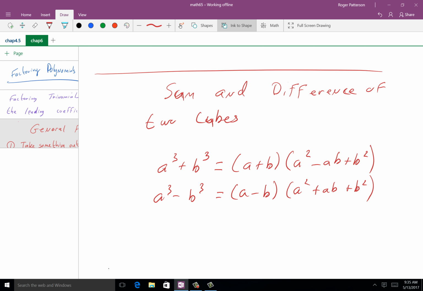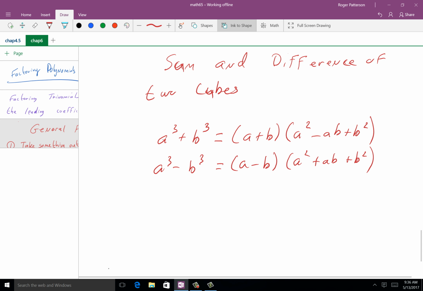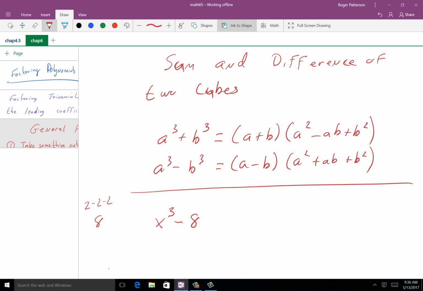So x would go here. But how would you know that? Oh, because of the subtraction. 2 is going to go there because 2 cubed is 8. Then we're going to take this first term here and square it. So it'd be x squared plus, then you multiply the 2 and the x, plus 2 squared, which would be 4. And that's what that looks like.